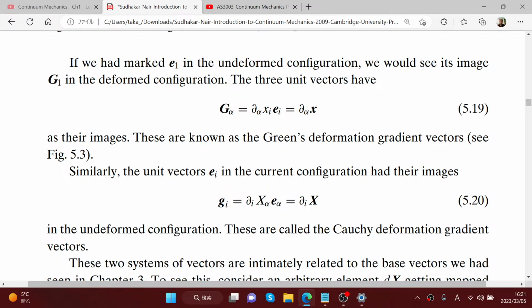These are known as the Green deformation gradient vectors.